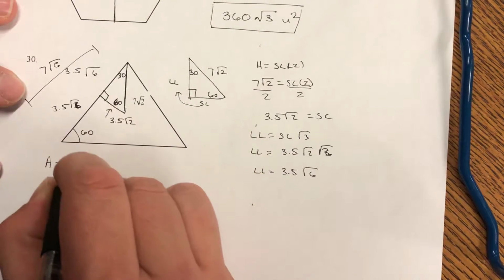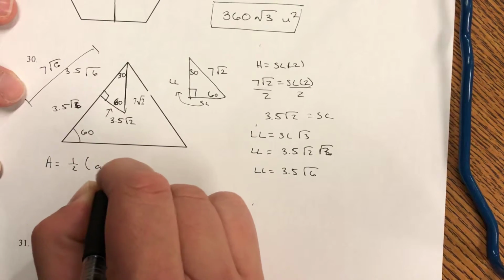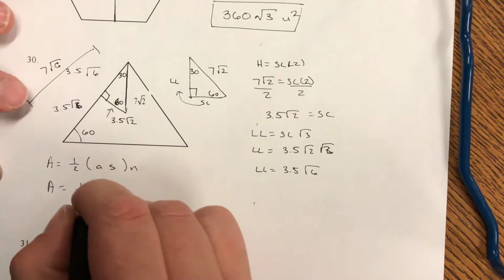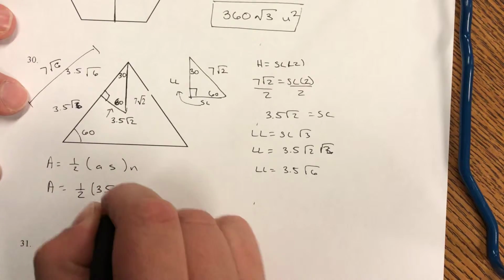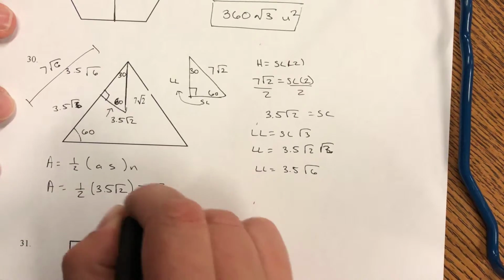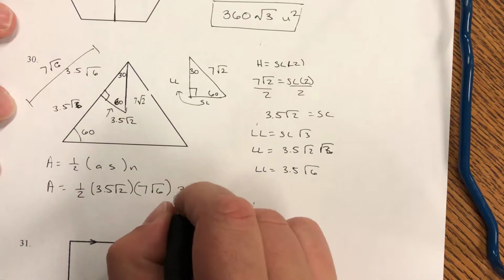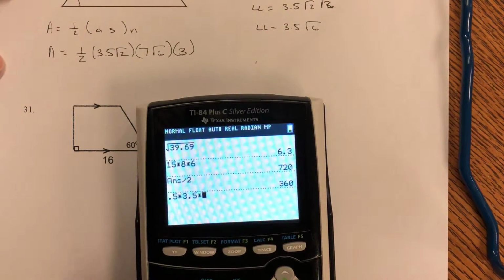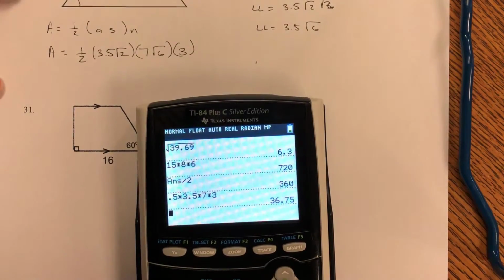So area equals 1/2 apothem times side length times number of sides. So area equals 1/2 times 3.5 square root of 2 times my side length, which is 7 square root of 6, times my number of sides, which is 3. So 0.5 times 3.5 times 7 times 3 is 36.75.